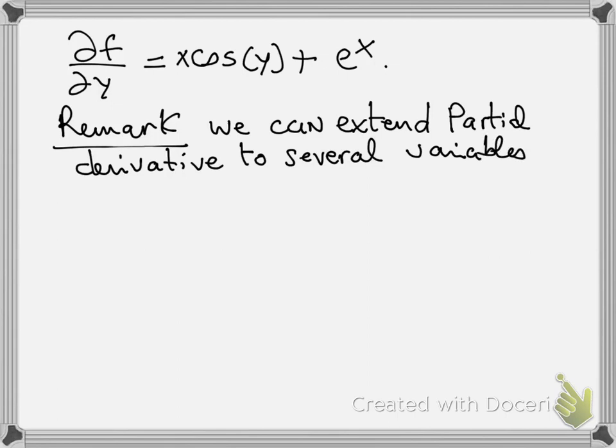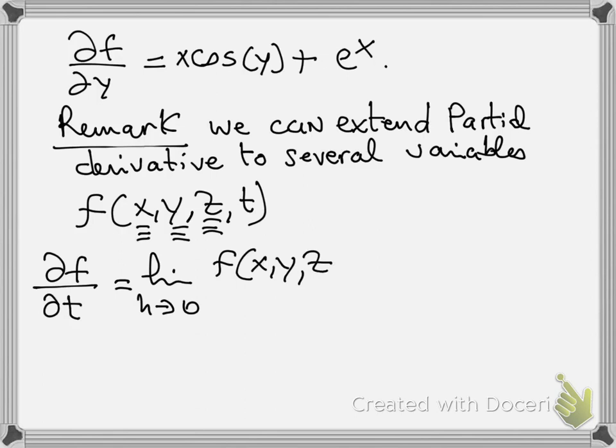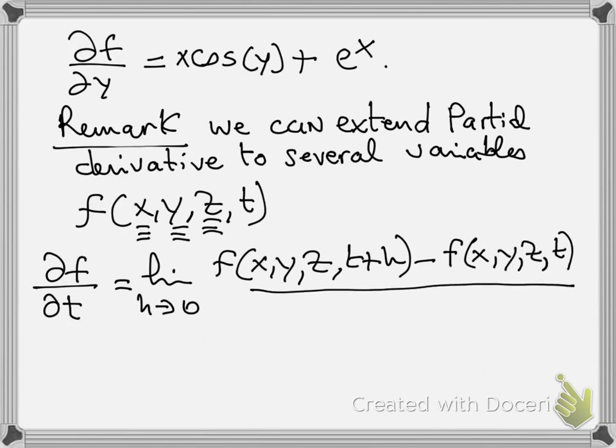For example, let's say you have a function f of x, y, z, t. So it's 4 variables here, and then what will be partial f, partial t? It's the derivative of f with respect to t. It's a limit as h goes to 0. It means that x is fixed, y is fixed, and z is fixed. Only t varies. So that will be the limit of f of x, y, z, t plus h, so you vary t, minus f of x, y, z, t, over h, and so on.